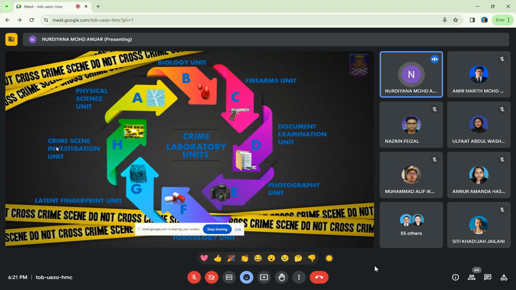So unit ni akan terima evidence berkaitan seperti glass, fibers ataupun pakaian, di mana bila kita nak tengok pada dia punya physical property ataupun kita nak buat jigsaw puzzle macam gambar ni lah, di mana kaca tu dah pecah, kita nak sambungkan balik kaca tersebut untuk kita tahu apa yang menyebabkan kaca ni pecah, daripada bahagian mana dia pecah.